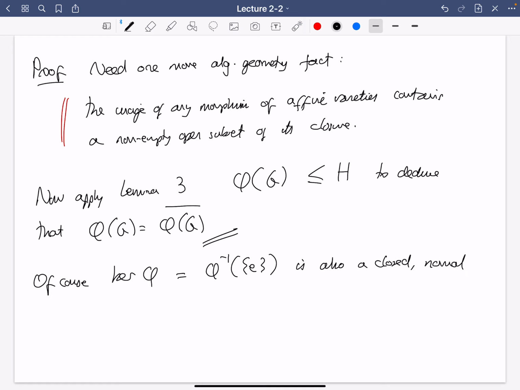And of course, it's normal. So this kind of begs the question, can one make sense of this? This is the group G quotiented out by the kernel of phi, and then there's the image of phi.